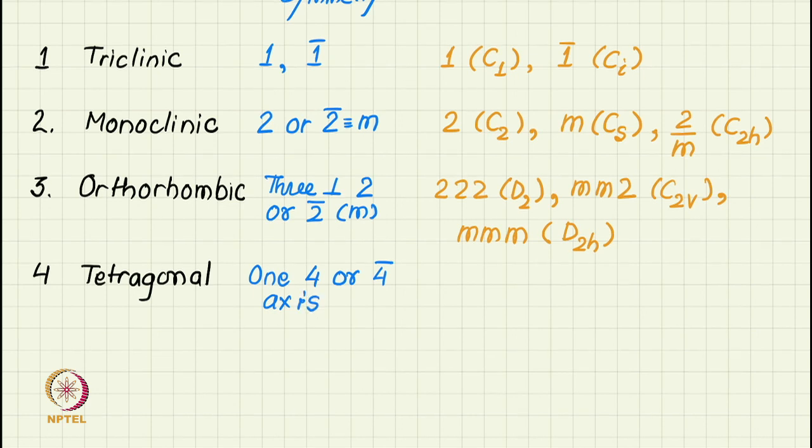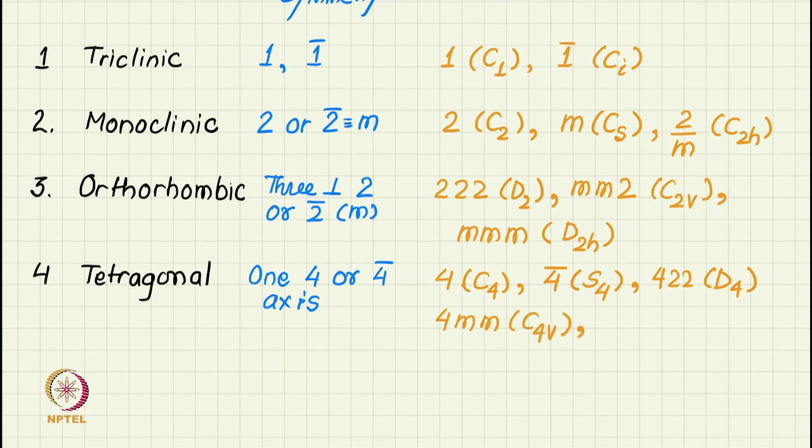So, the point groups will be 4, which obviously will qualify, 4 bar will also qualify, 4 bar in Schoenflies notation is S4. Then you have the dihedral group 422. Then you have 4-fold with vertical mirrors, 4mm, C4v in Schoenflies, v indicating the vertical mirror with the 4-fold axis.